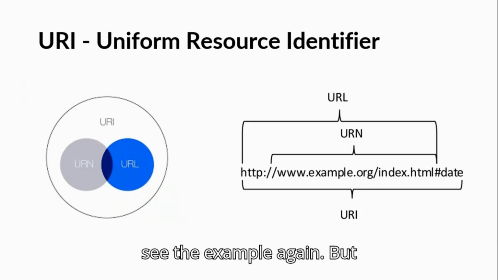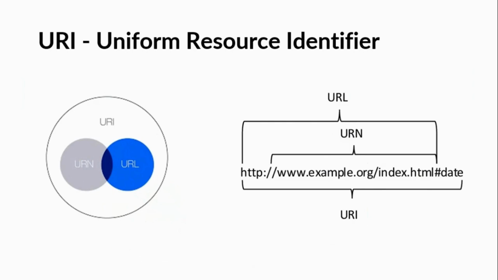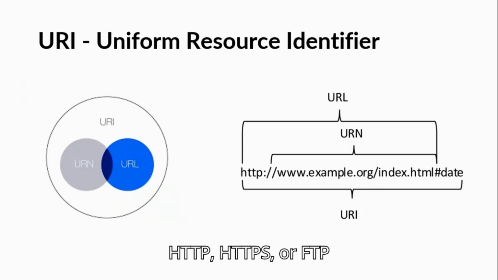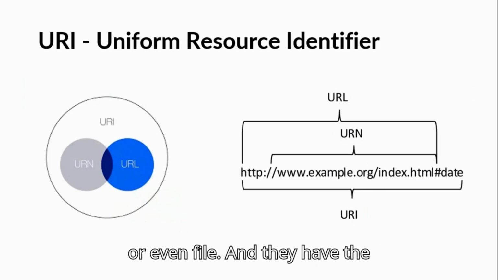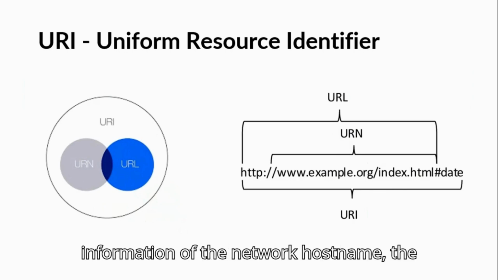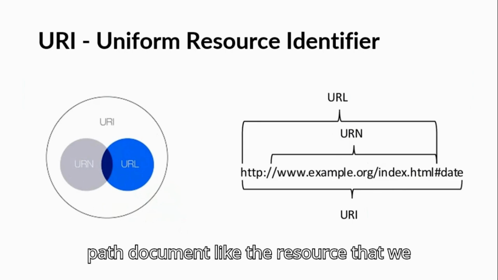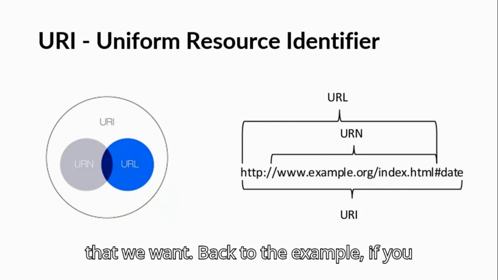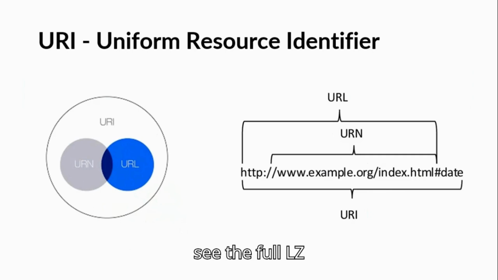We will see the example again. A URL commonly starts with the protocol like HTTP, HTTPS, FTP, or even file. It has the information of the network host name, the path, the document, like the resource that we want to fetch, and any query parameters that we want. Back to the example, the whole is the URL here.